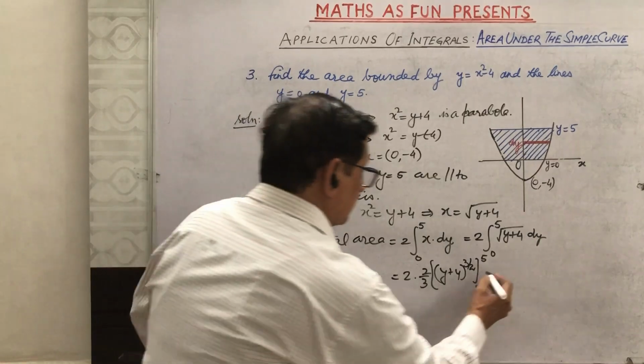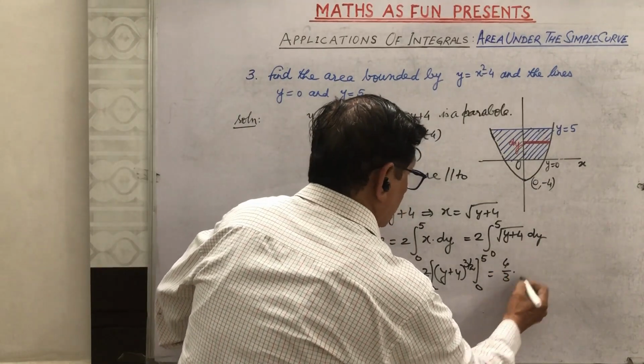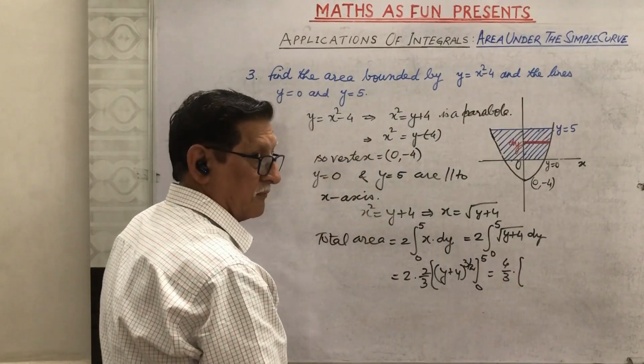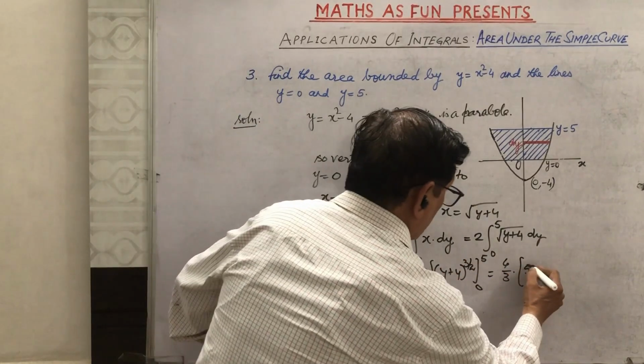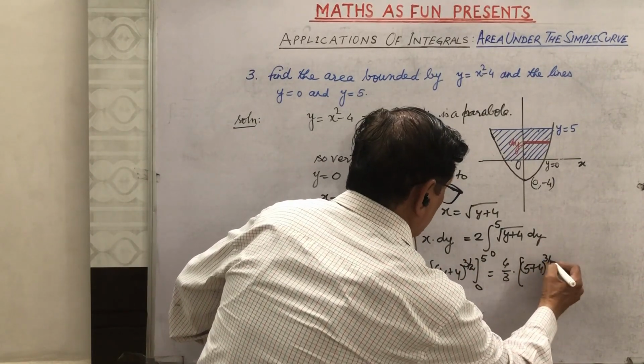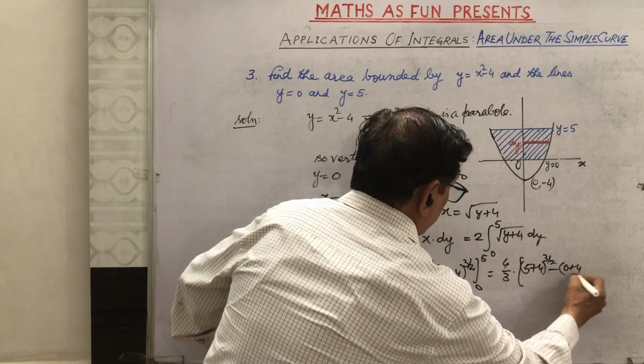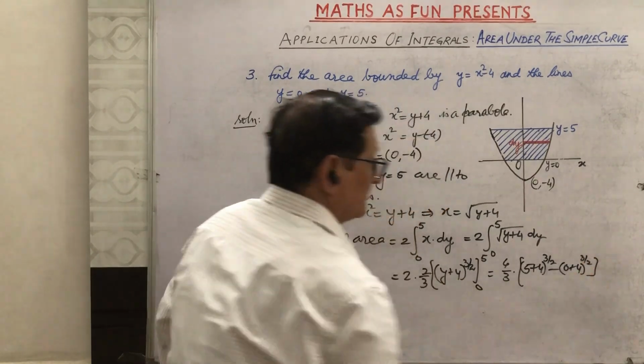If we substitute the limits, we get 4 by 3 into (5 plus 4) to the power 3 by 2 minus (0 plus 4) to the power 3 by 2.